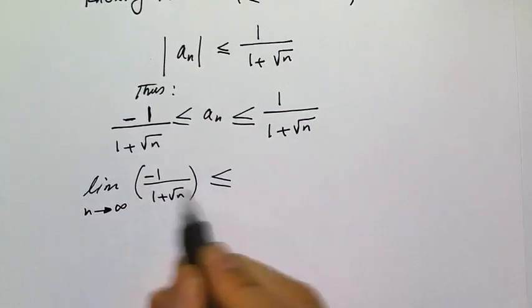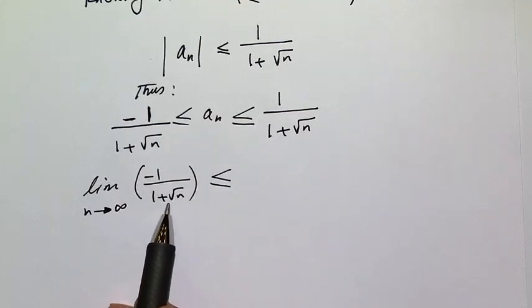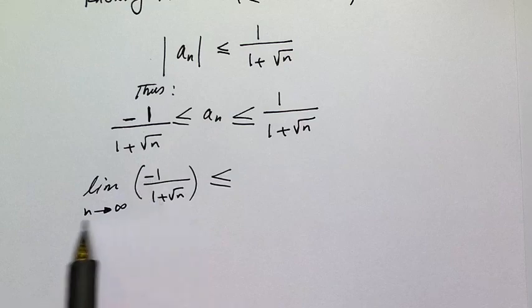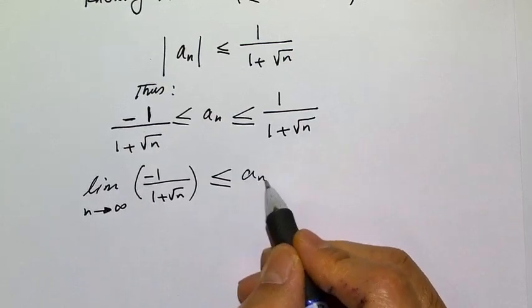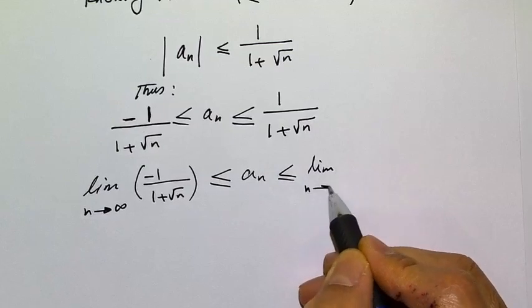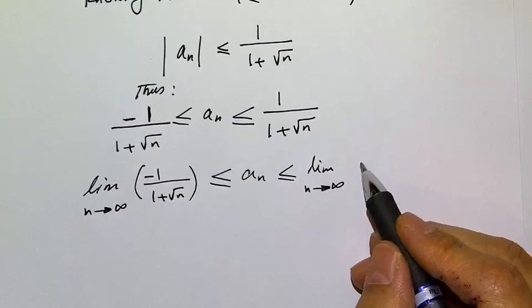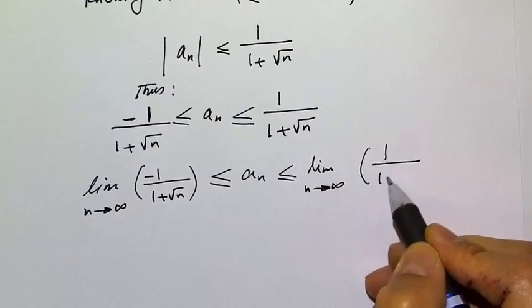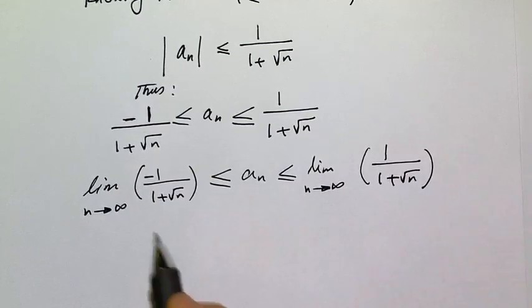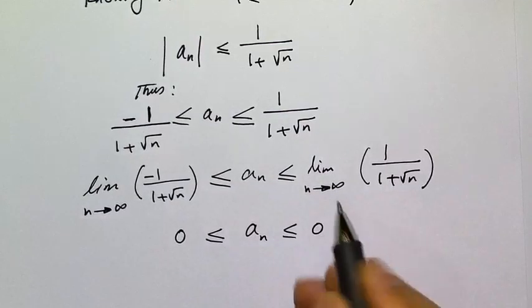I'm sure you're already seeing that this limit goes to 0, because the denominator is going to be very, very large. So -1 over that is going to be 0. And on the right side, we have the same situation with the +1 over that. So on the left we have 0, on the right we have 0.